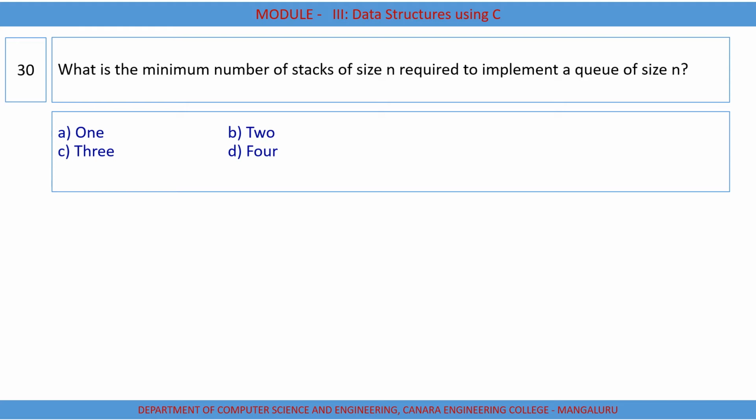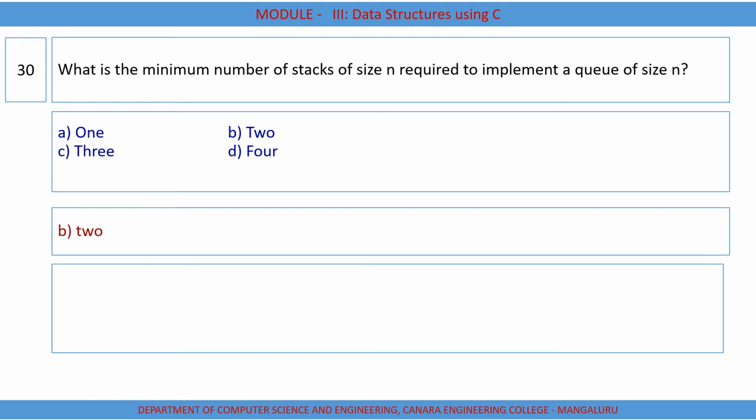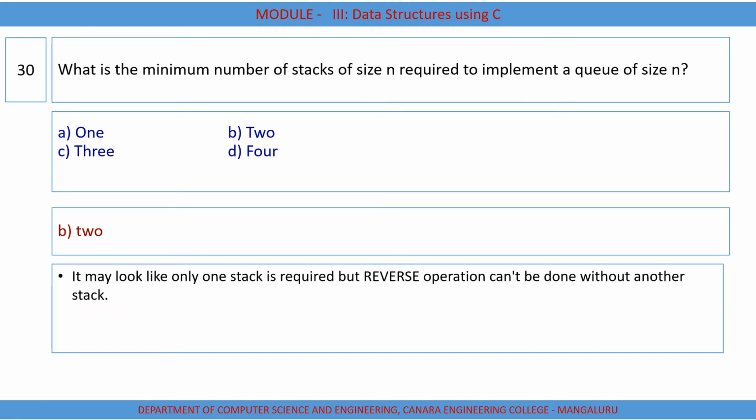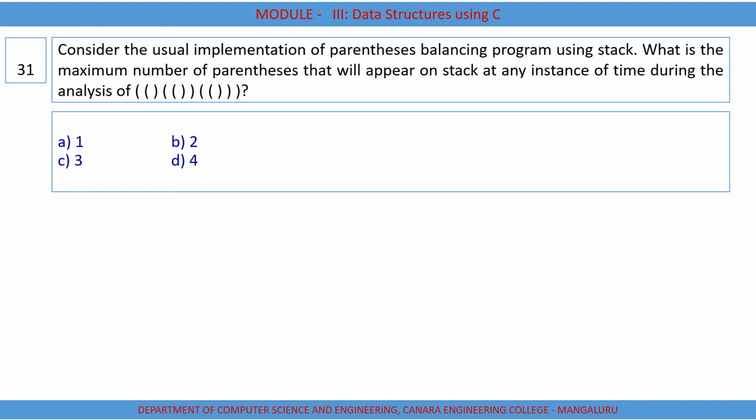Options are 1, 2, 3, 4. The answer is 2. It may look like only one stack is required, but a reverse operation cannot be done without another stack. This is the explanation for this question. Therefore, a minimum of 2 stacks are required.